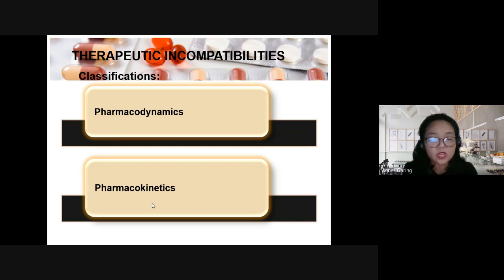So there is a change in the effect of the drug because if drug A and drug B are taken together and then it resulted to increase in drowsiness of the patient. So there's a change in the effect of the drug without a change in the drug plasma concentration. So meaning to say, kahit i-check mo pa si chlorphenamine, halimbawa ang chlorphenamine dose mo is 25 milligram and then ang effect niya is drowsiness, of course, no?